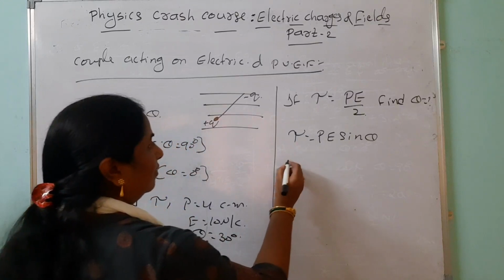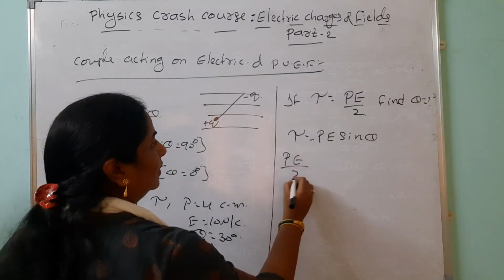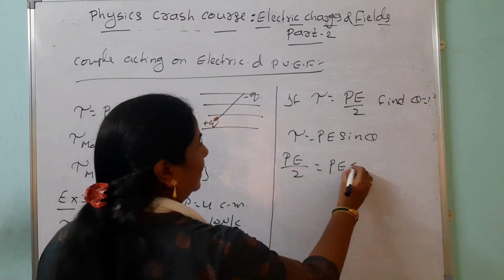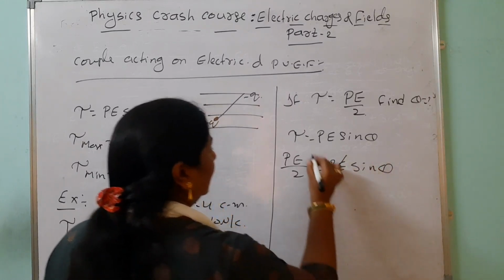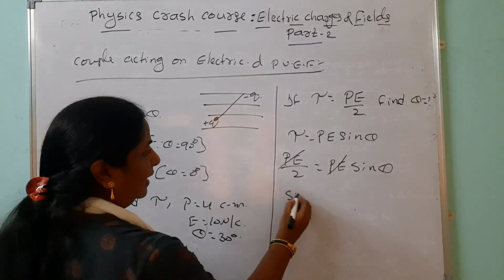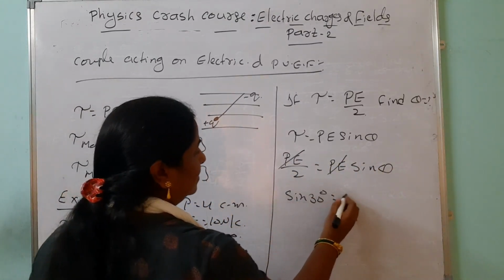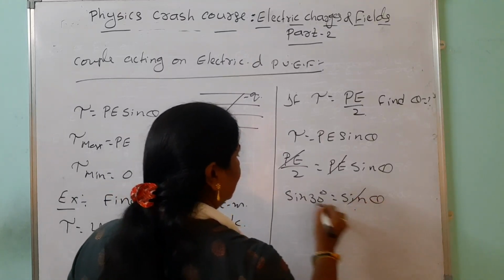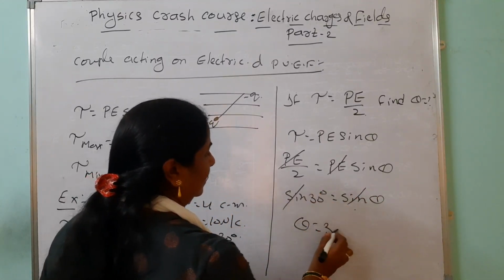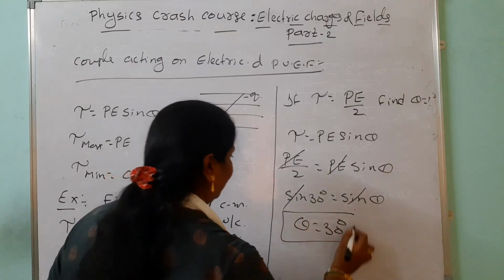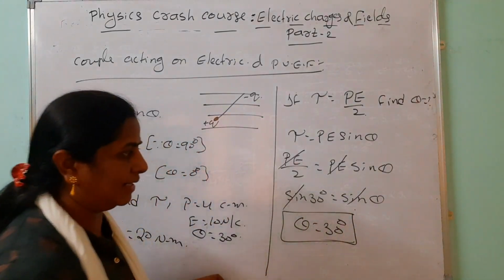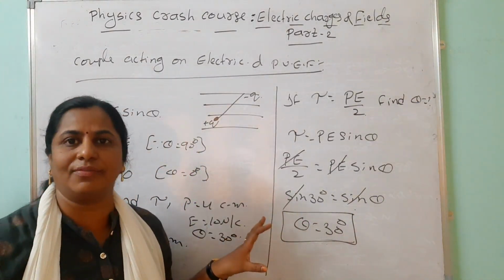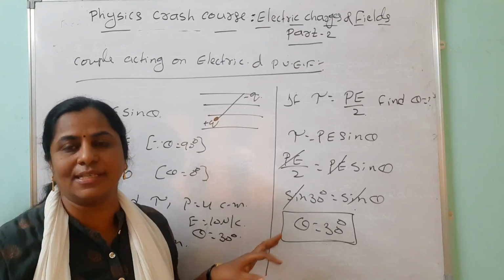Clearly they have given tau equals PE by 2 equals PE sin theta. Here this PE cancels. 1 by 2, we are writing sin 30 degrees equals sin theta. Sin cancels. We are getting theta equals 30 degrees. So these are the equations belonging to intensity of electric field.